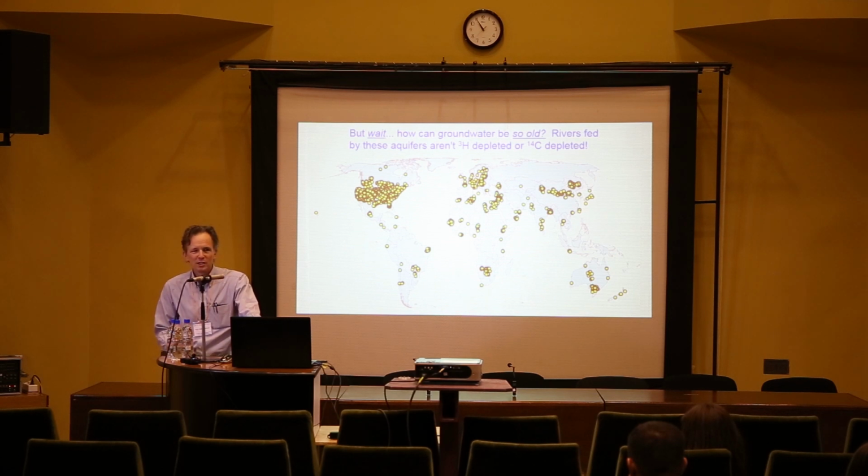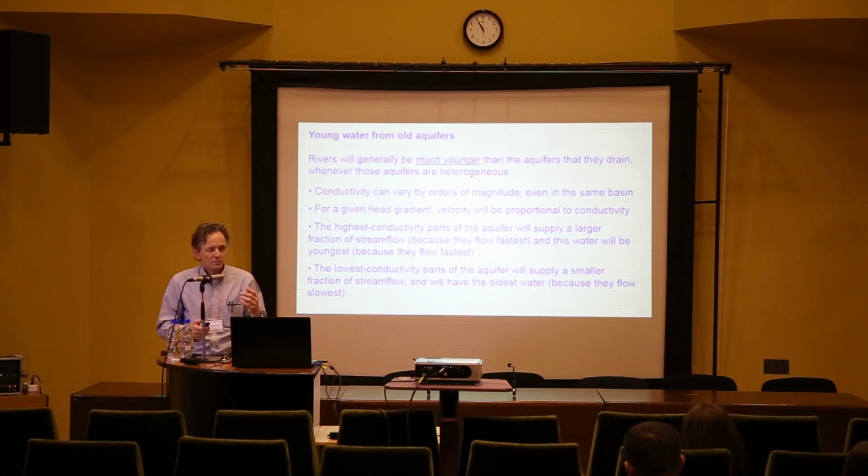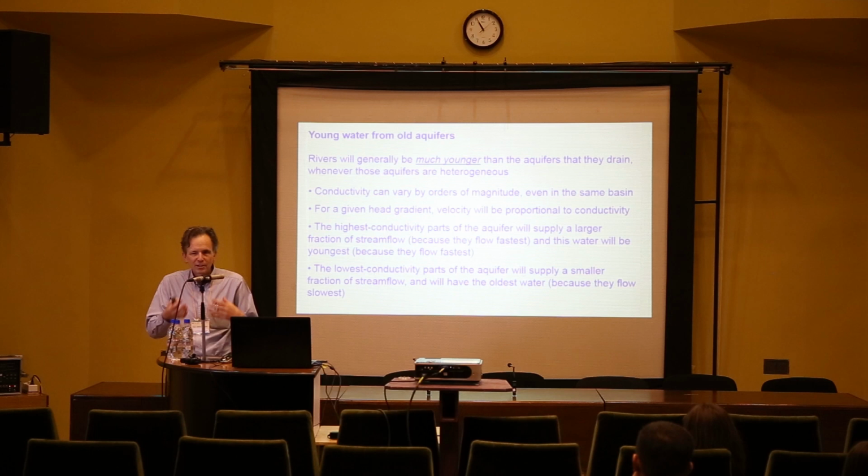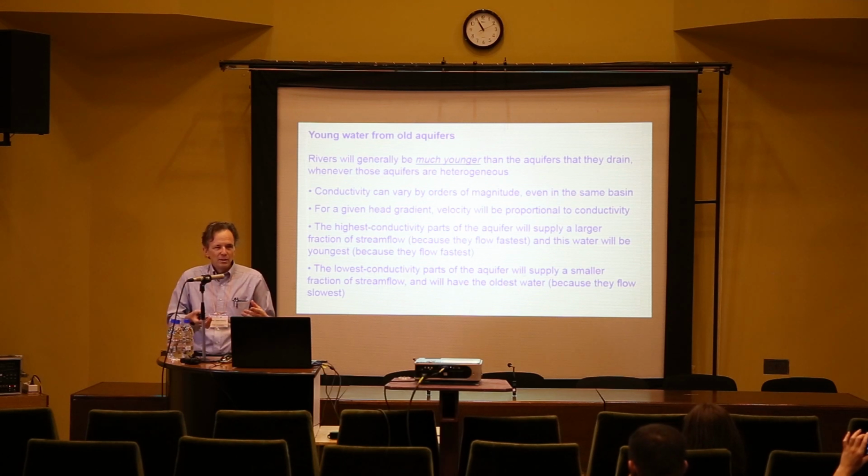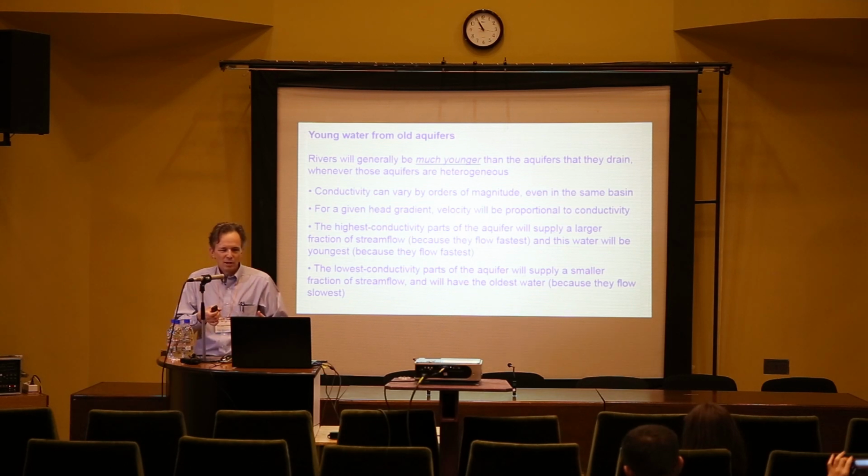How does that work? And the first thing to recognize is that it's only a paradox if you think that rivers and aquifers are well-mixed boxes where everything should be the same. And they clearly are not. So, if we start by understanding that the subsurface beneath our feet is very heterogeneous, right? Then there will be high conductivity parts and low conductivity parts of the material underneath our feet.